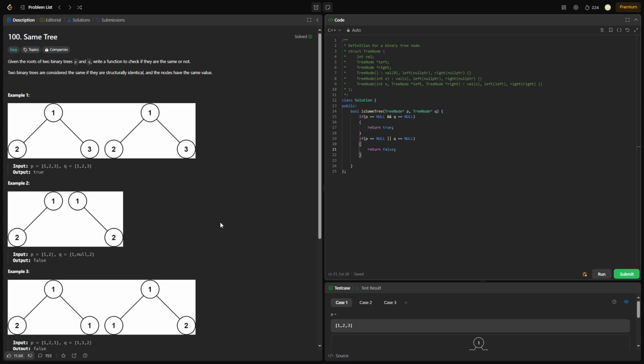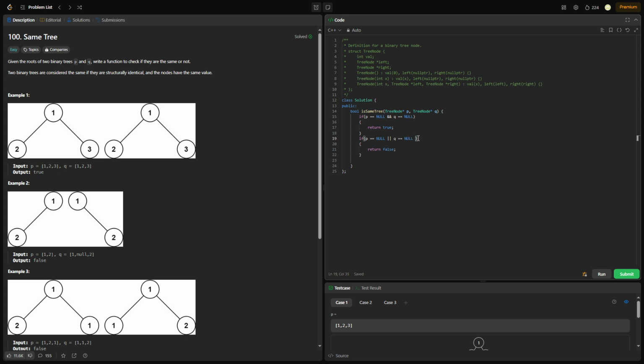That'd be problematic. And we would never enter this if they both don't exist, because we handle that up here, right? So if one of them exists but the other doesn't, we would enter this if statement, and we return false. So really what this is checking is, are they structurally identical, right, as we go along the trees, okay?